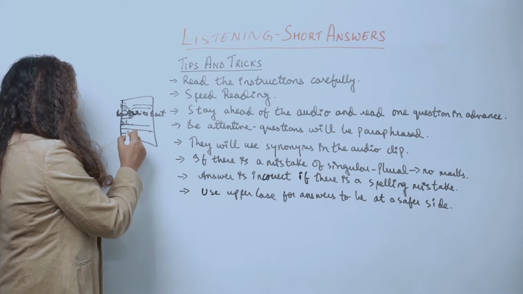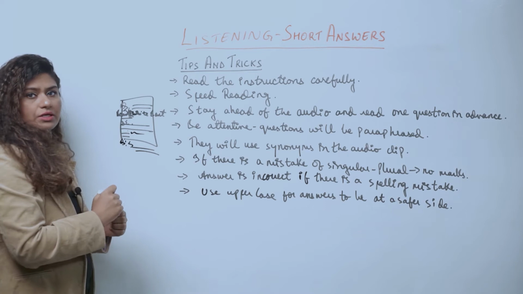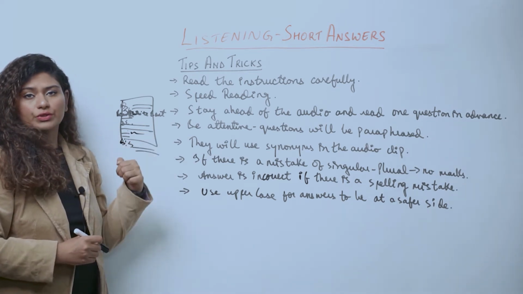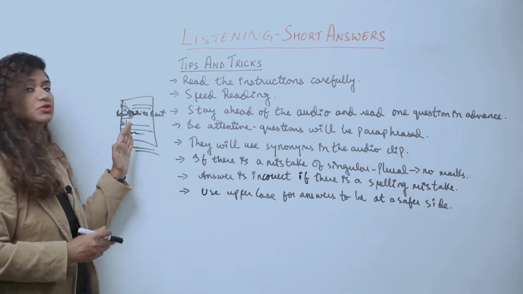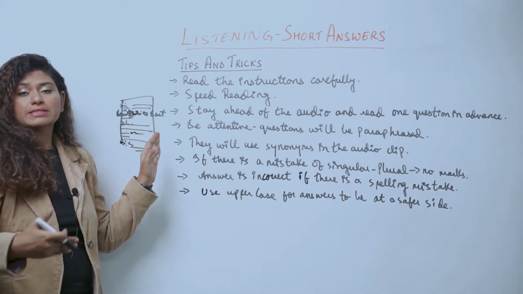Let's say you got the answer to question 2 also. Now quickly read through question number 3. So this way you are going to be one question ahead of the audio. And that is definitely going to help you find the correct answer, because you already know what they are going to ask you in the next question.